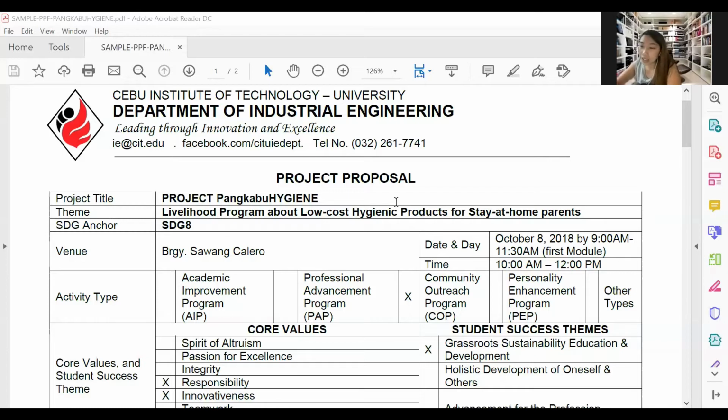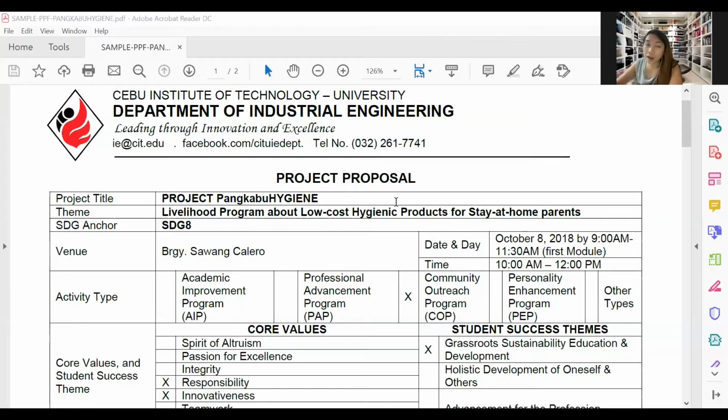So I have here an example. This is a project by chemical engineering students. I was the coordinator of the College of Engineering and Architecture for the Department of Chemical Engineering. We came up with this project because we want to transfer the skills of making dishwashing liquids, liquid soaps, and the like, which are just part of a laboratory experiment of these students.